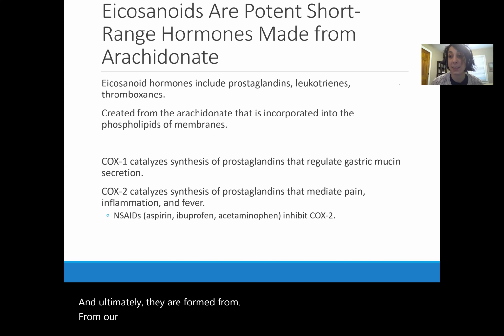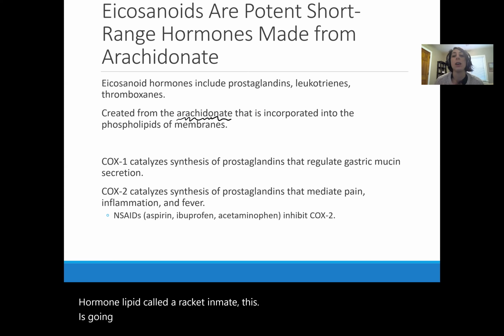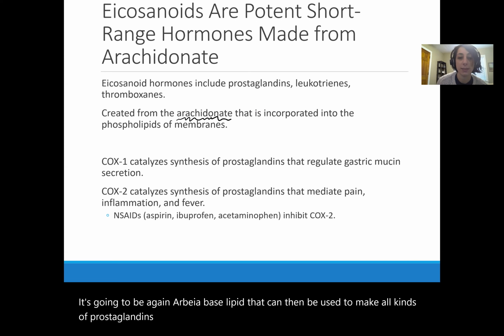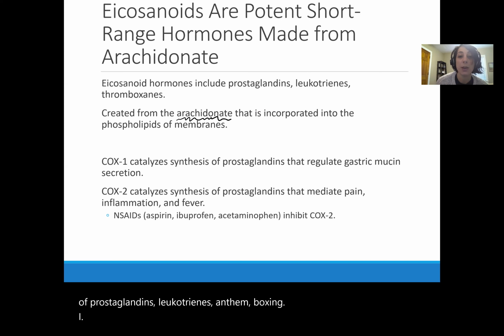And these can then be created into a base hormone lipid called arachidonate. This is, again, a base lipid that can then be used to make all kinds of prostaglandins, leukotrienes, and thromboxanes. These can be incorporated into membranes, or again, they can be used for signaling.